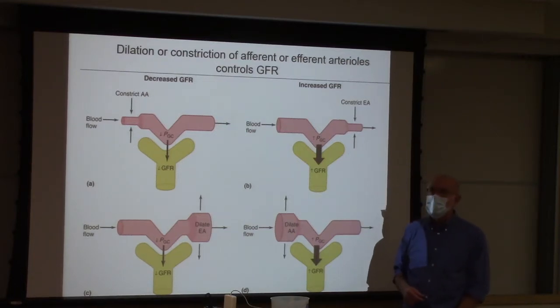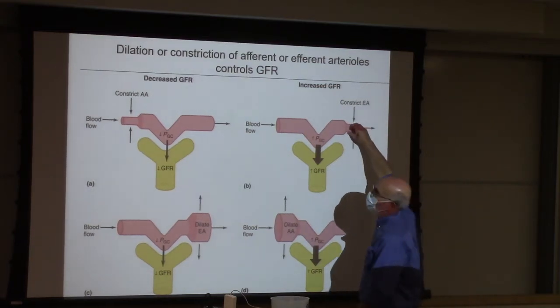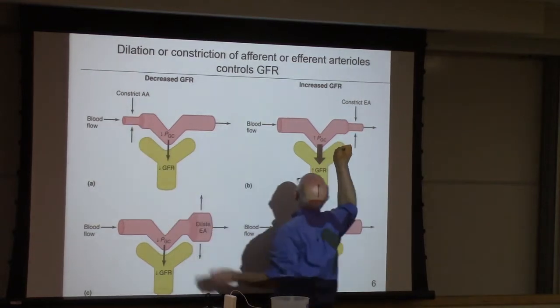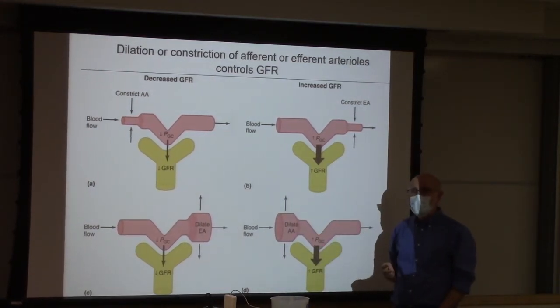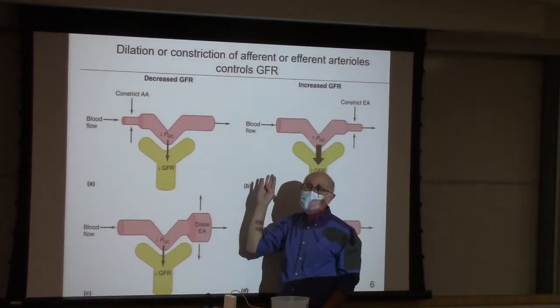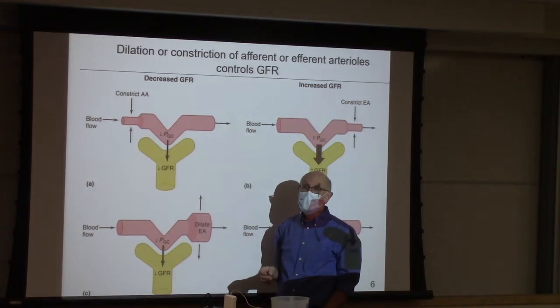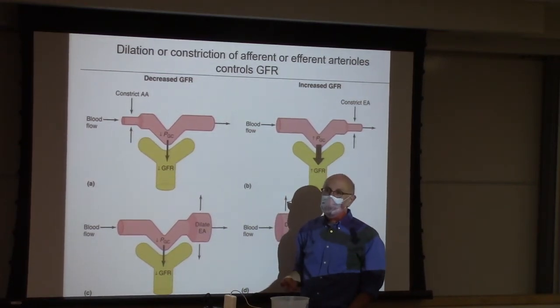What happens if the afferent and efferent are both constricted or both dilated? If we constrict the efferent and we constrict the afferent, then we're going to reduce blood flow into the glomerulus. In terms of pressure, it will be balanced out, but blood flow will be reduced, and that is going to tend to reduce glomerular filtration.